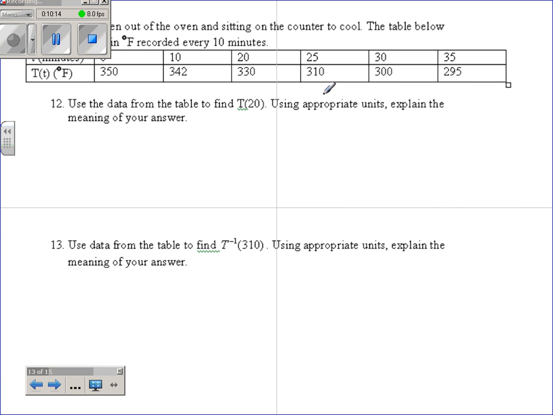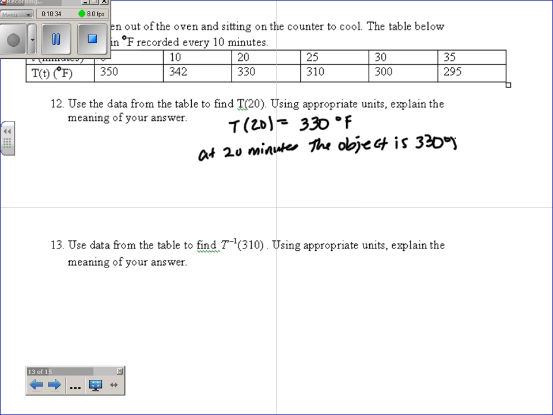Okay, use the table from below to do T of 20. So T of 20 equals 330 degrees Fahrenheit. So at 20 minutes, the object is 330 degrees Fahrenheit.